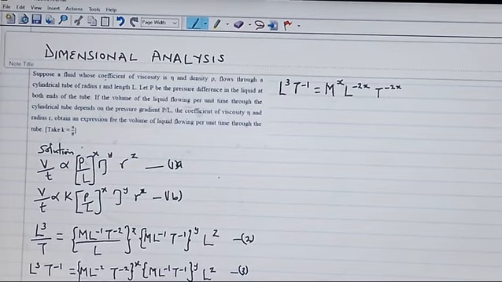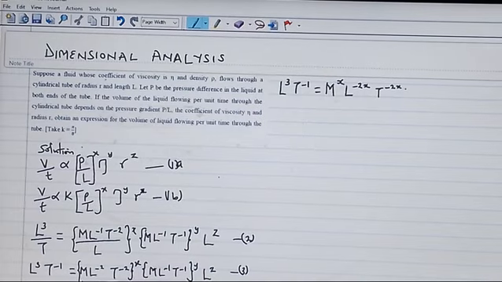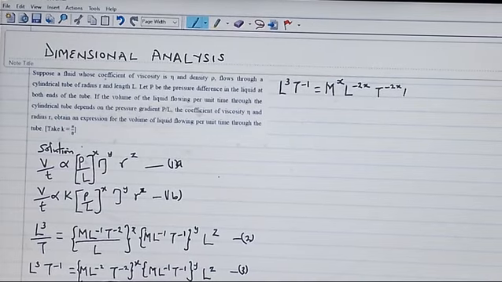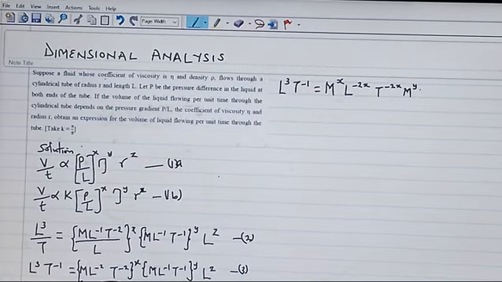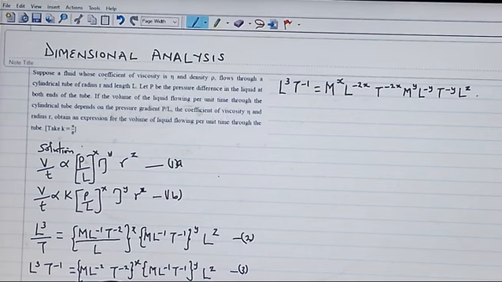Then we expand this next bracket. We have M raised to power y, L raised to power minus y, and T raised to power minus y. Then finally L raised to power z. Let's call this one equation 4.